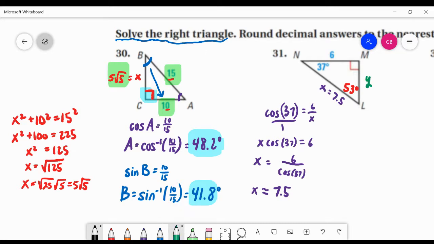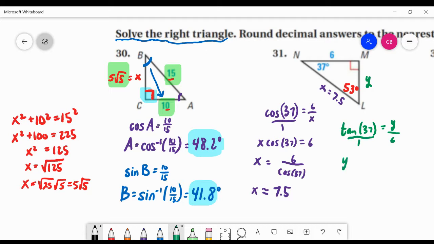Call this other part y. Again, I'm still going to use the 37 and the 6, but y is opposite. So the one that uses opposite and adjacent is the tangent. So the tangent of 37 is y over 6.